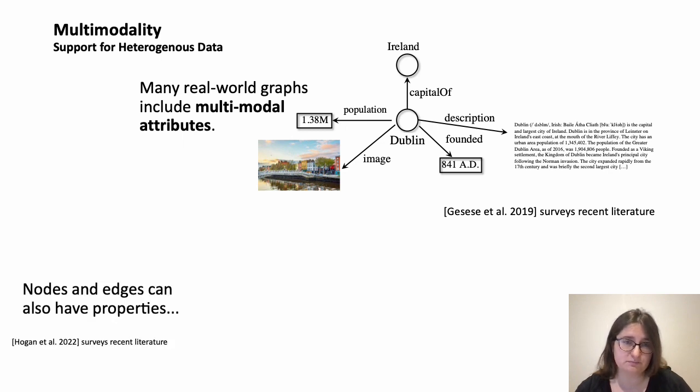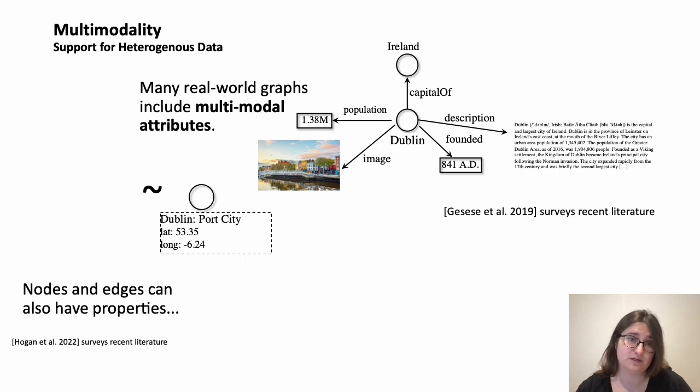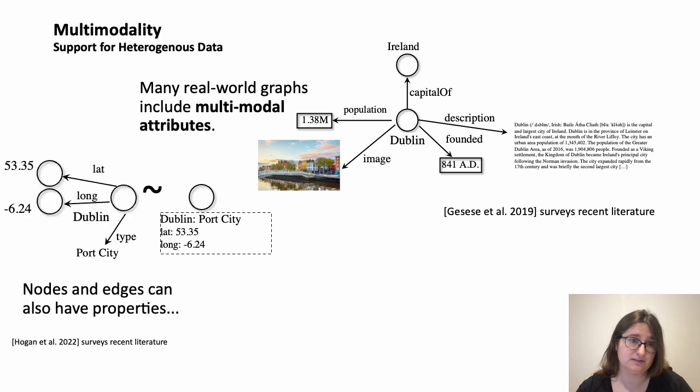To make things more complicated, nodes and edges can also have properties, like in this example. The same information that could be represented as separate nodes and edges can be represented as properties of a single node. This would be equivalent to such representation: Dublin, with its latitude and longitude represented as separate nodes, and also type.